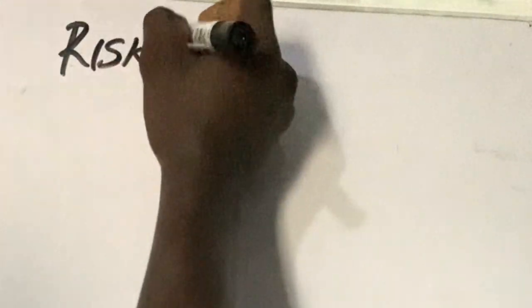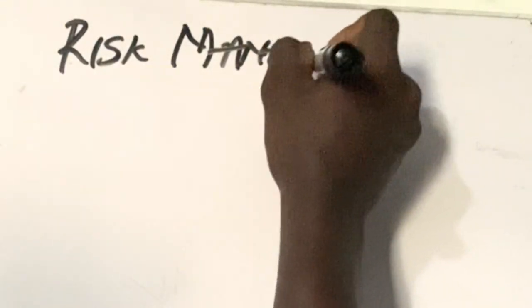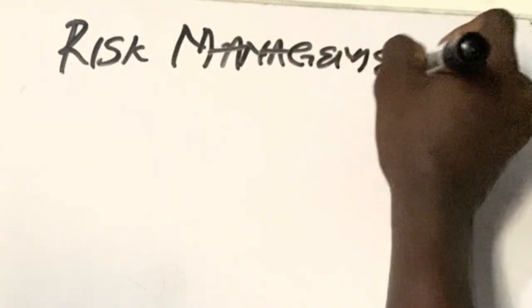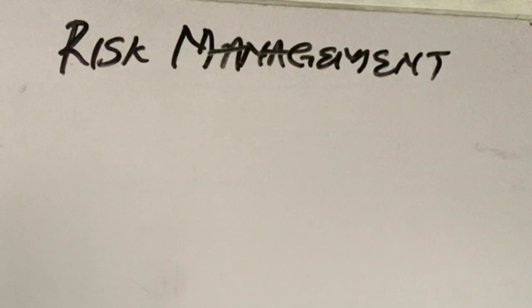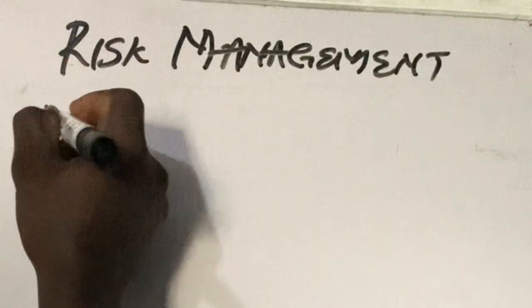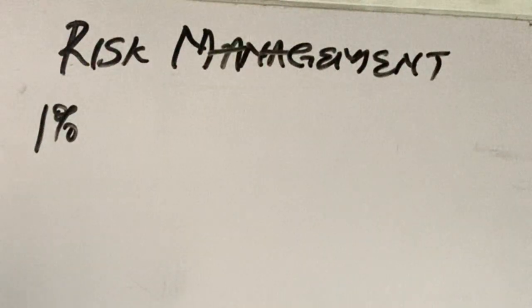So now the topic is risk management. According to what my twin brother already said, we are going to be using 1% for this video. As a trader, you must have a trading capital, the amount of money that you want to trade.